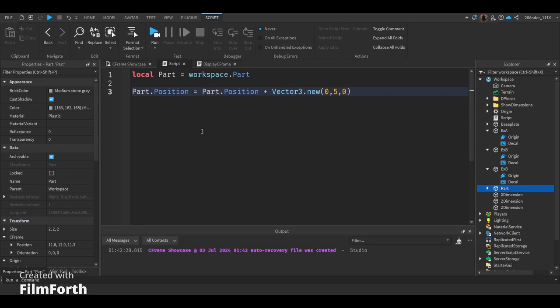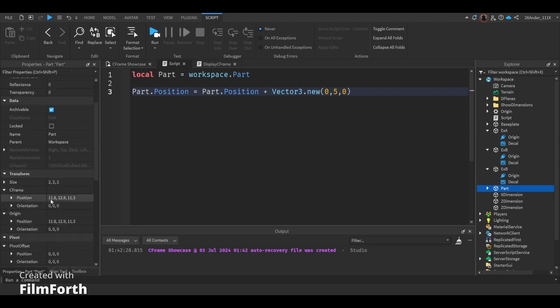What this would do is get the part position, which right now is, let me make these nicer numbers, 11, 12, and 1. What adding a Vector3 with itself does is add each component with each other. So the X component here is 0, adds with 11, makes 11. 5 plus 12 is 17, and 0 plus 1 will make it 1.